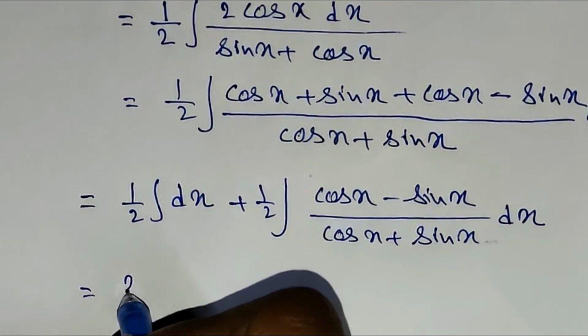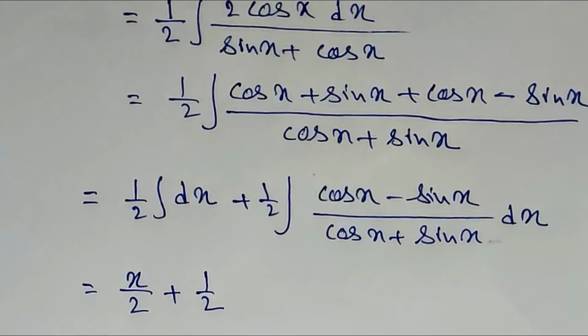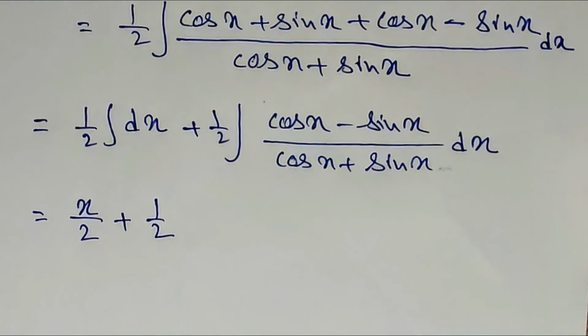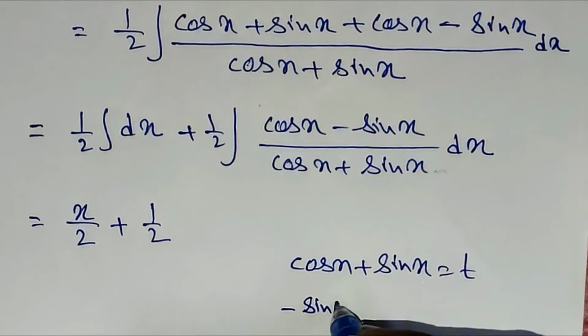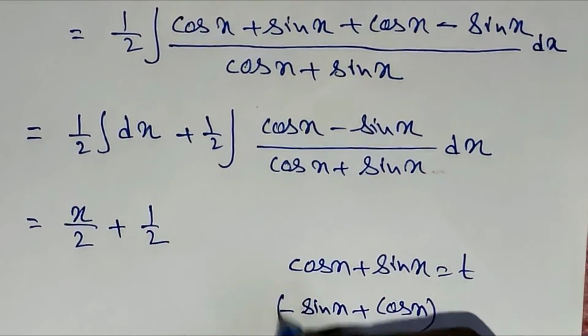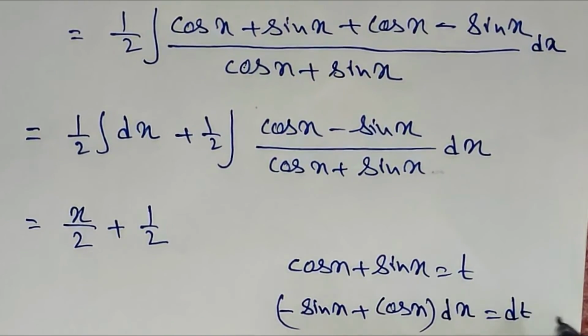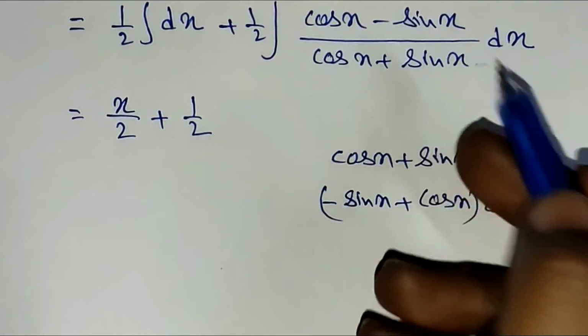Integration dx is x, so this is x by 2 plus half into, now look, if we take cos x plus sin x as t, then derivative of cos x is minus sin x, derivative of sin x is cos x, into dx is equal to dt, which is already present in the numerator.